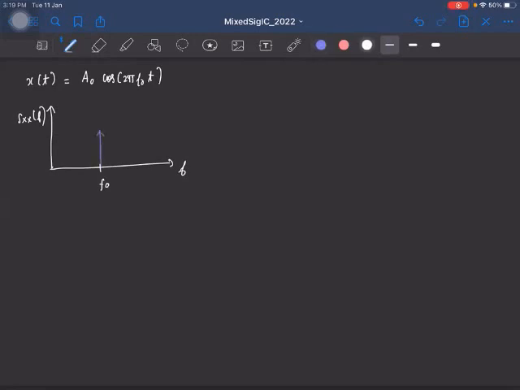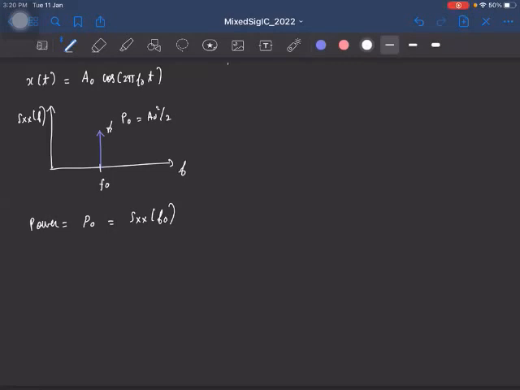And what will be the strength of the impulse? Well, this is a power spectral density, so this better be the power of the sinusoid, right? So let's say this is P naught, which is now A naught square by 2. Right? So the power of the signal is P naught. This is simply the strength of the impulse at the frequency f naught.